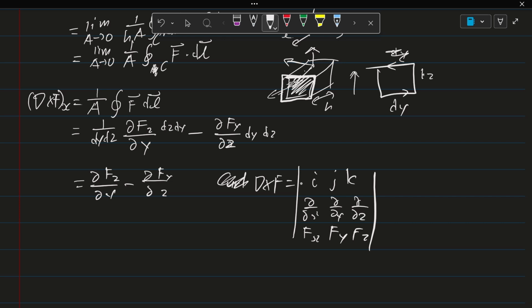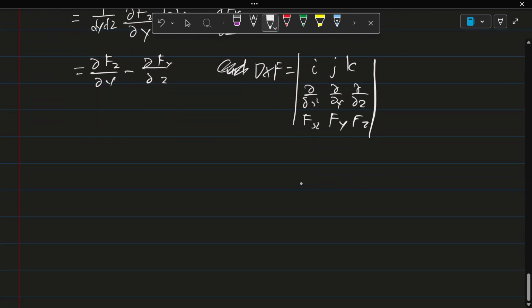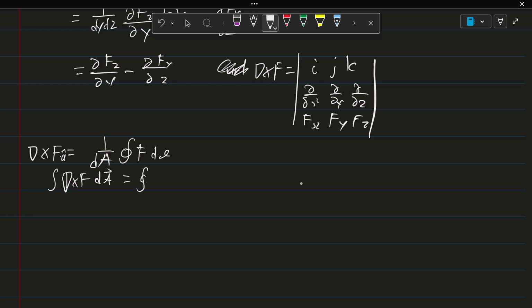So the last thing to talk about the curl is that it also has a property similar to the Gauss theorem. The curl is defined to be 1 over a of the closed integral of F dL, in the a hat direction, right? Now, if you move the a to the side and then do some computations of this, you could just technically get that the surface integral of curl F dA vector is the same thing as the closed integral, sorry, of the line integral.